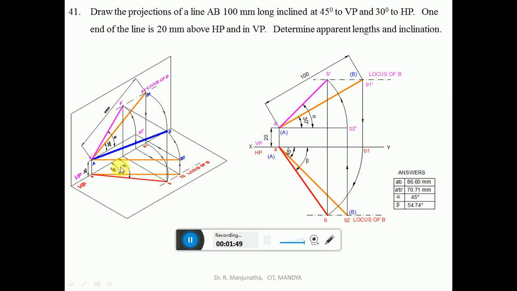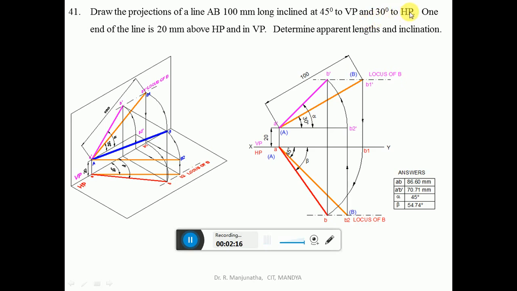To see the image in HP, we have to look from the top view. So we have drawn the line of 100 mm, inclined at 45 degrees to VP, and we got this projection B2, which is the locus of B in the top view.